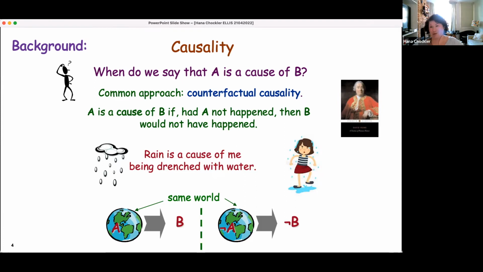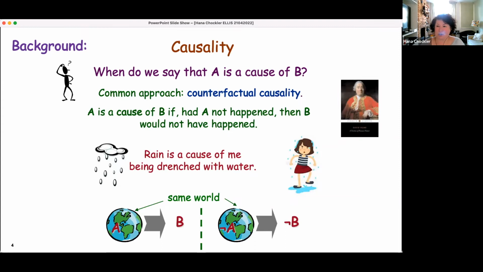If we take exactly the same world, the same London, the same everything, the same day, the same me, but it's not raining, then I wouldn't be wet, right? So I wouldn't have been drenched. Okay, so this counterfactual approach to causality definitely conforms to our intuition.